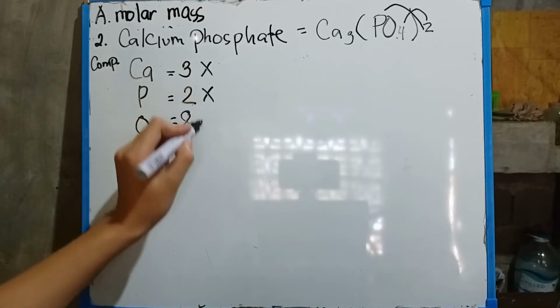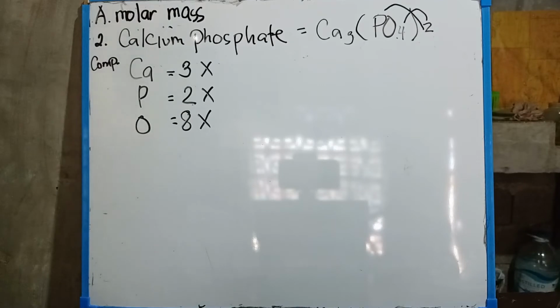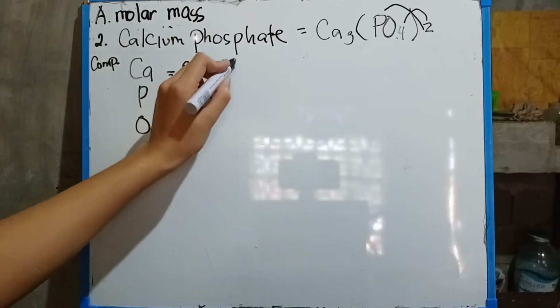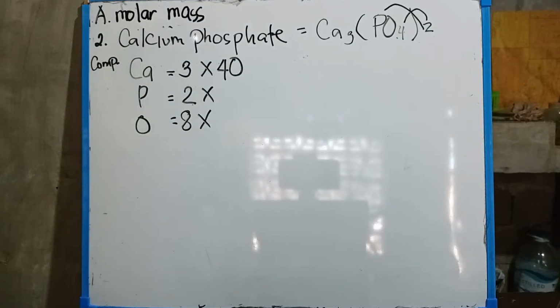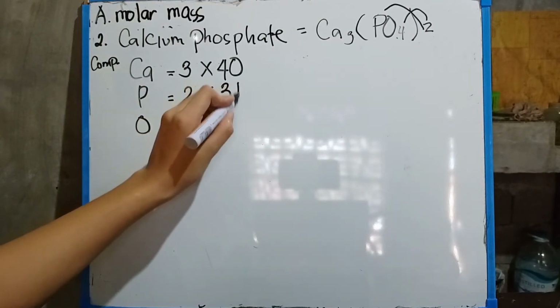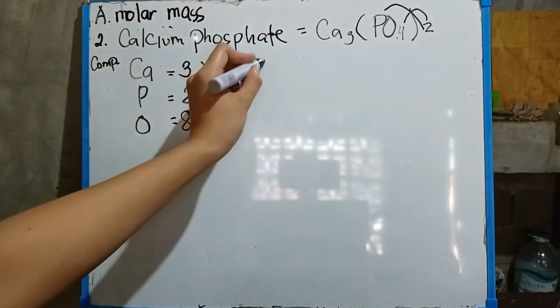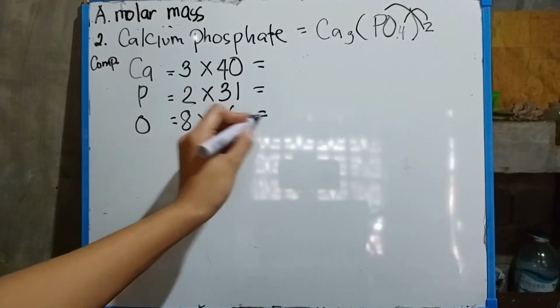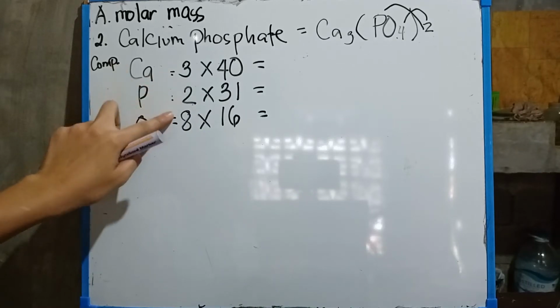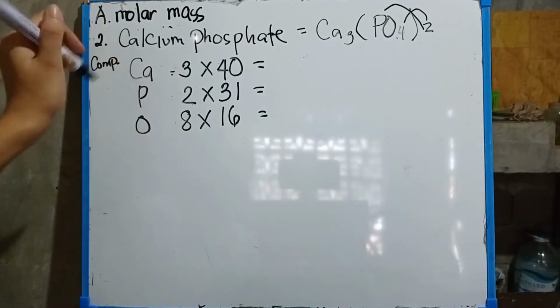Multiply by their atomic mass. So our calcium has 40. And our phosphorus is 31. And our oxygen is 16. So, by that, we can now solve the molar mass of the compound.